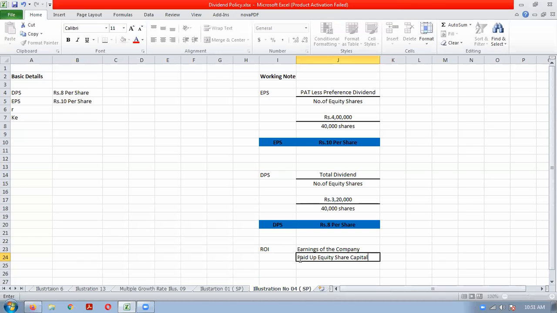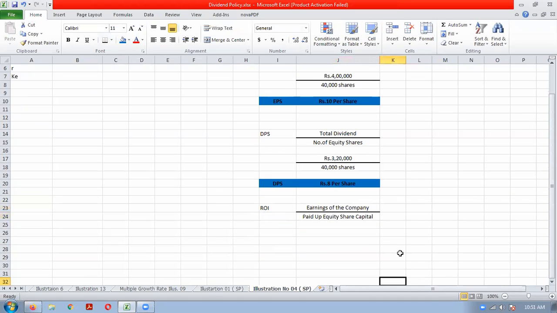See, return, no? How much return is the company earning for the investors?